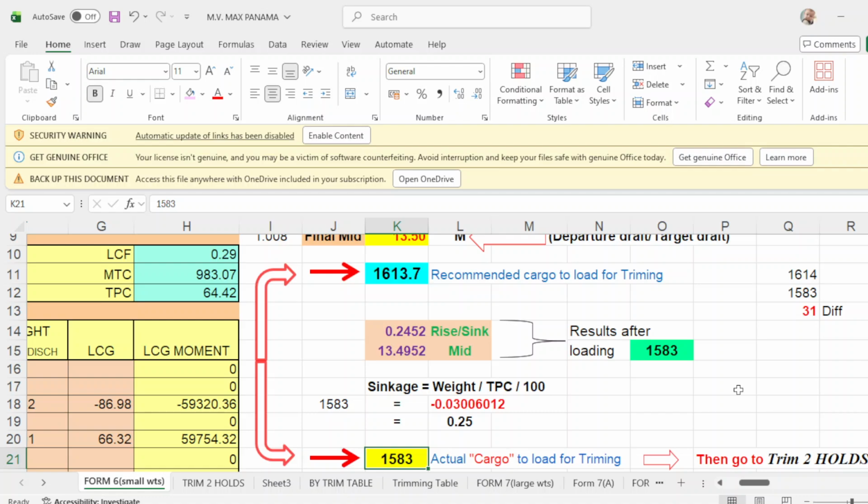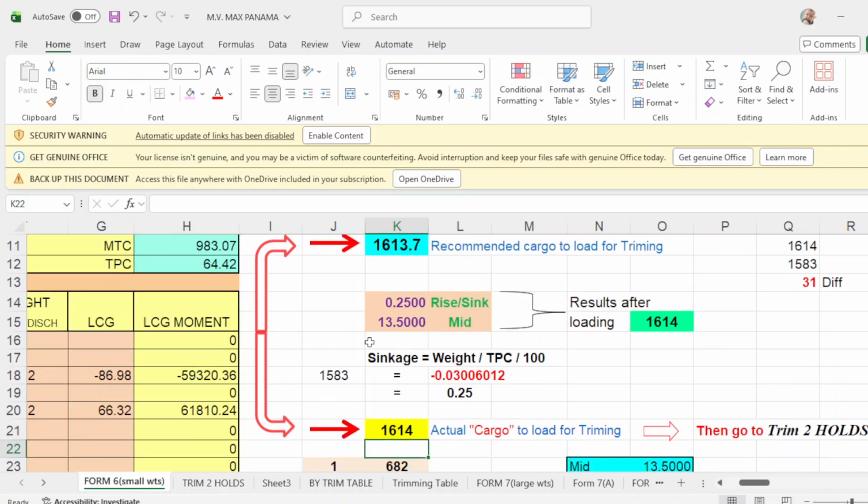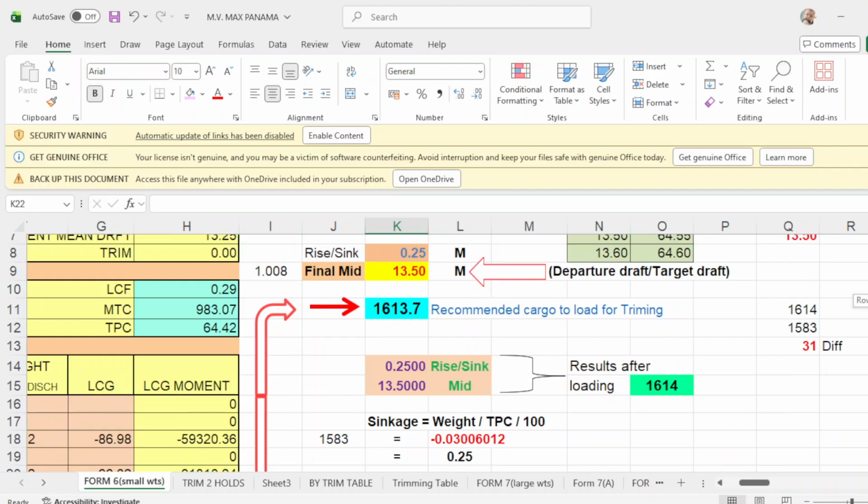So I put 1614. And take note, the exact mean drop is 13.5 here. And the sinkage is 13.25, which is exactly this one, if you use 1614 as recommended by this program.